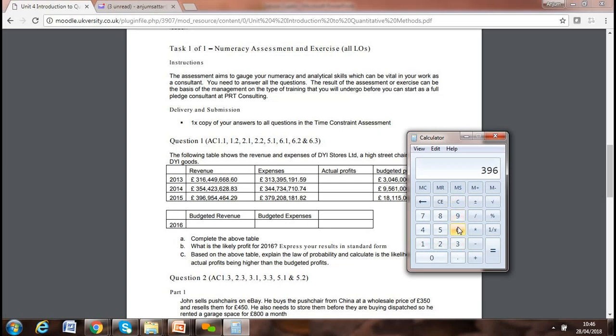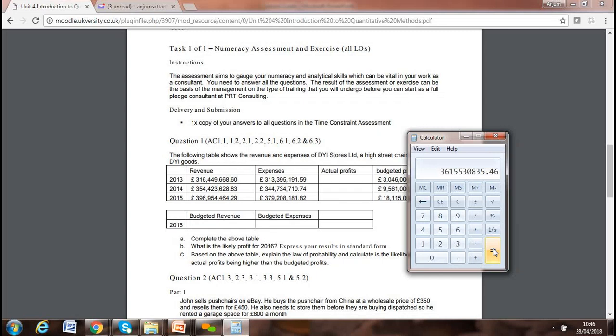So we're looking at the current year, which was 2015. 3,954,464.29, and minus your base year, 3,543,628.83.